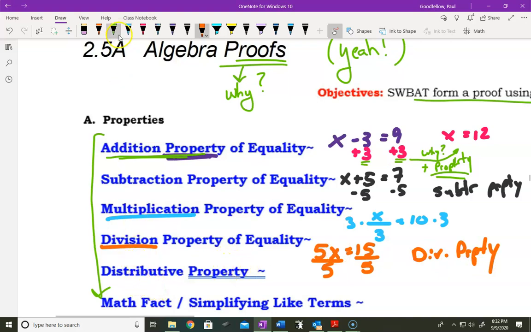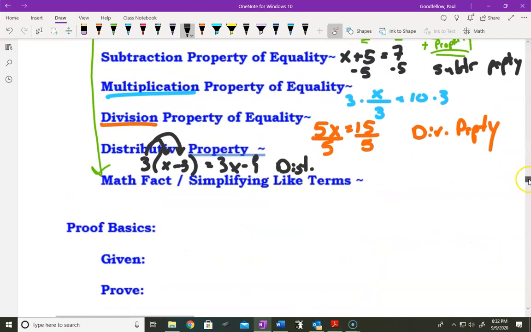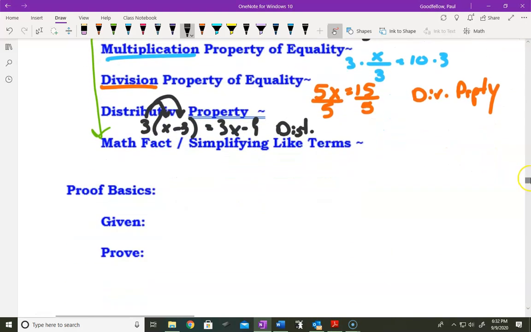If I had something in algebra that was 3 times x minus 3, what would that turn out to be? Well, that'd be 3x minus 9. And that's because I'm pushing this 3 through there, and that would be the distributive property that's taking place. So we've seen all these types of properties that are going on. We just need to now explain them.